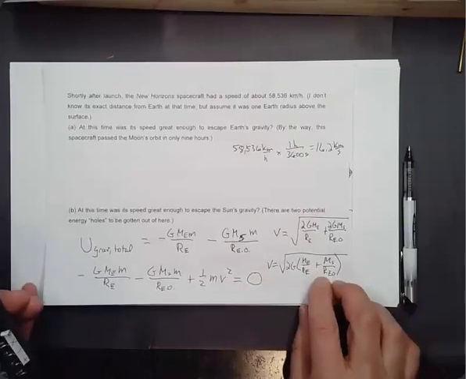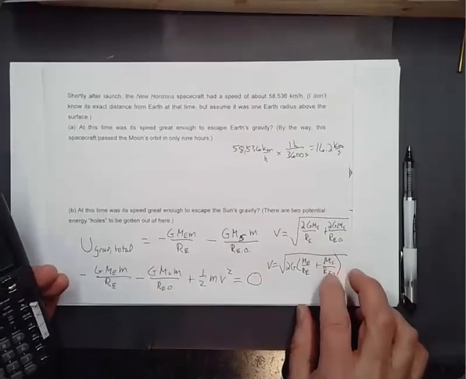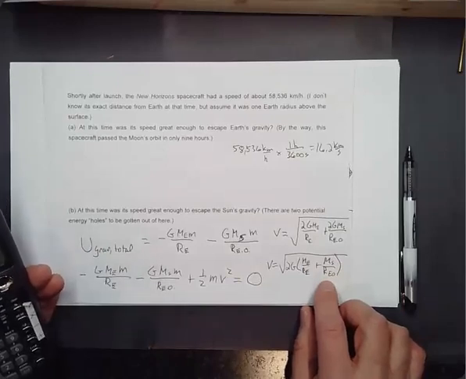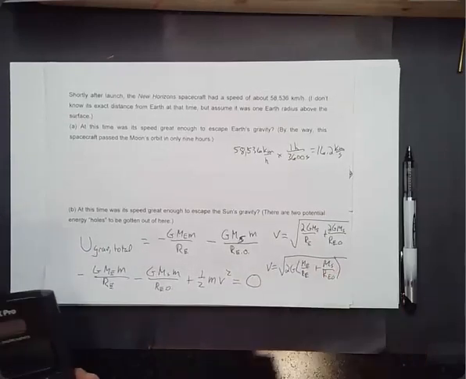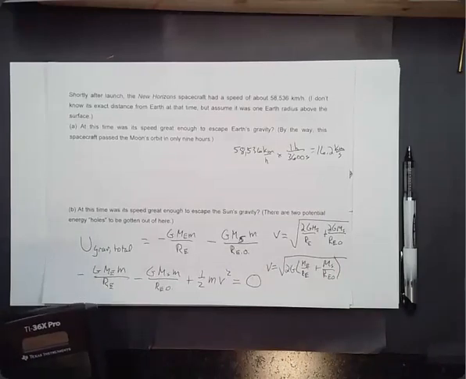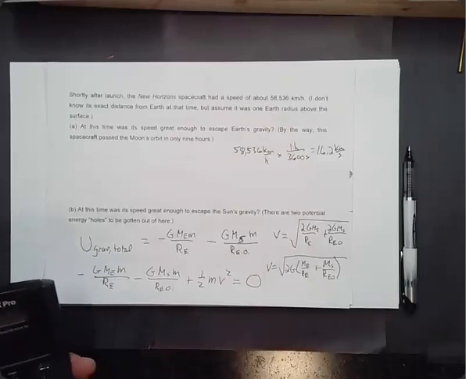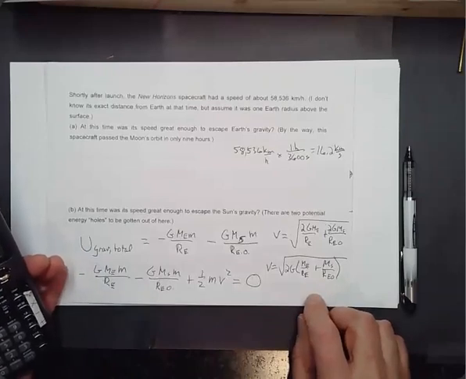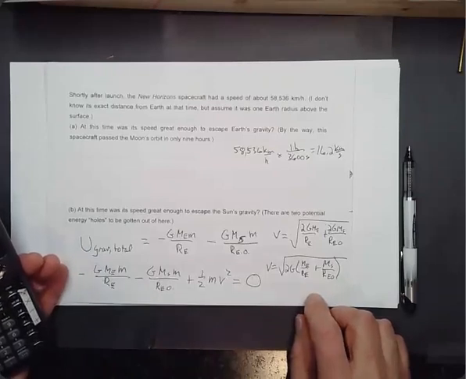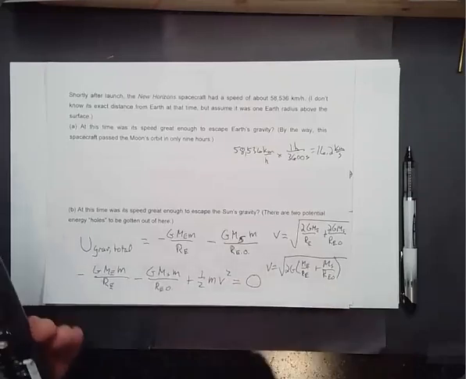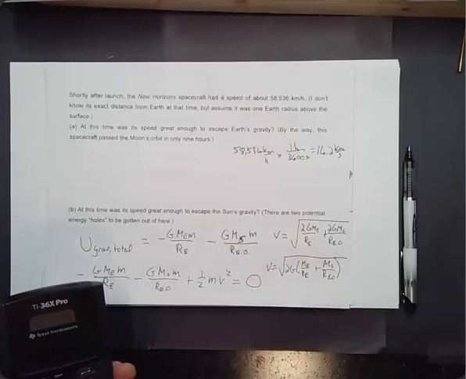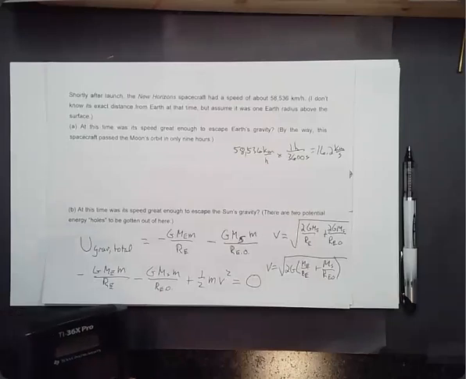Mass of the sun is about 1.99 times 10 to the 30th, I think. And the radius of the Earth's orbit is 150 million meters, 1.5 times 10 to the 11th meters.